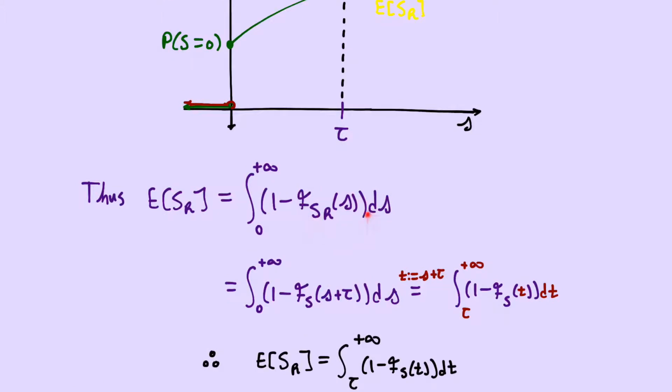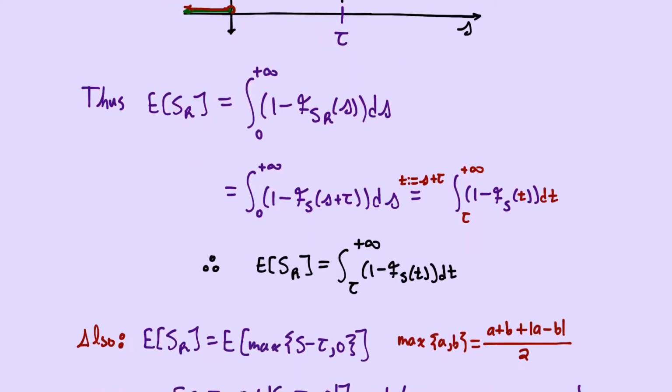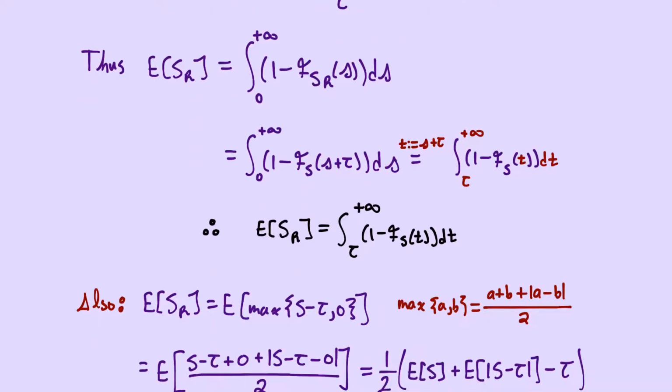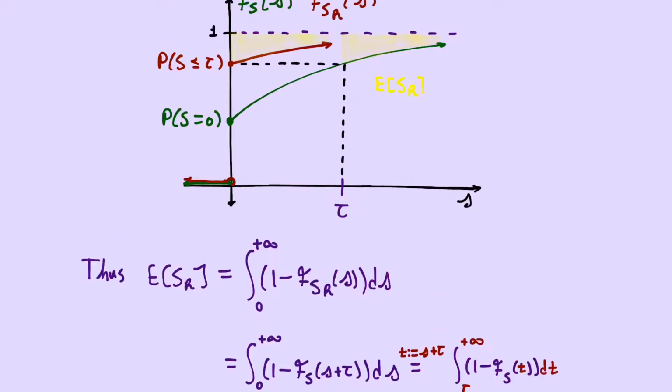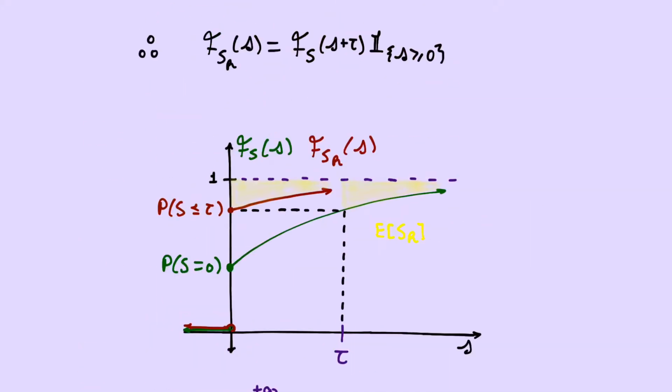we can substitute the expression that we get for this. Oh, here is a little mistake, sorry. No, sorry, it was right, because the indicator function when we integrate from 0 to infinity is equal to 1.